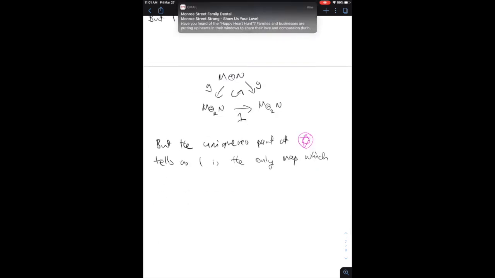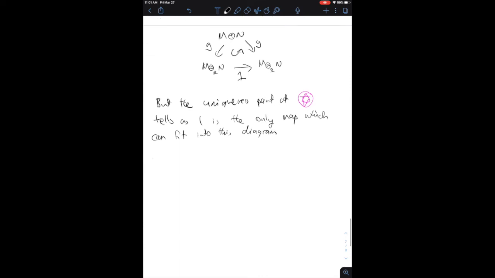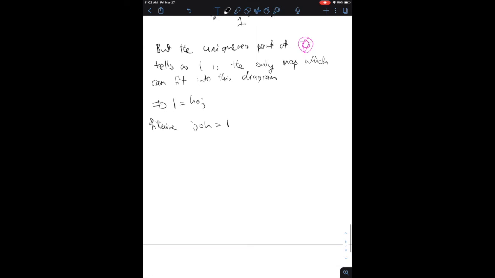So then we must have that H composed with J is the same as 1. And by the exact same argument, if we go the other way around, we also get 1. Okay, so this completes the proof.